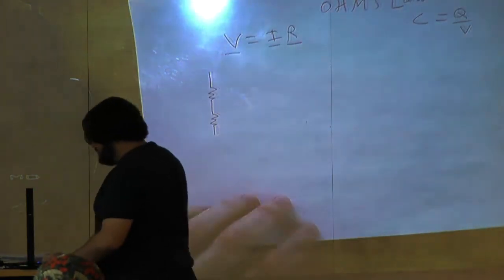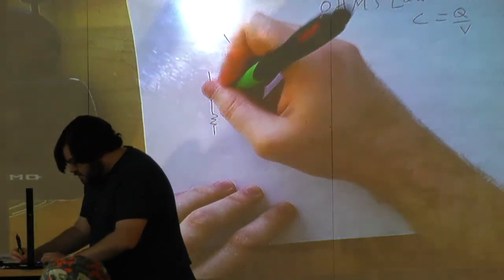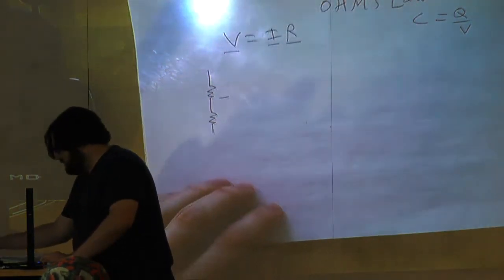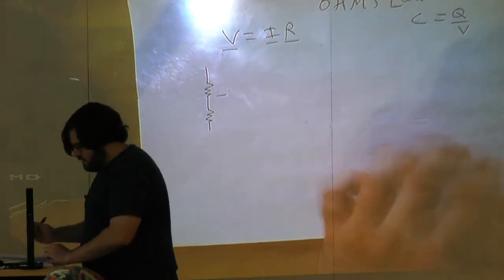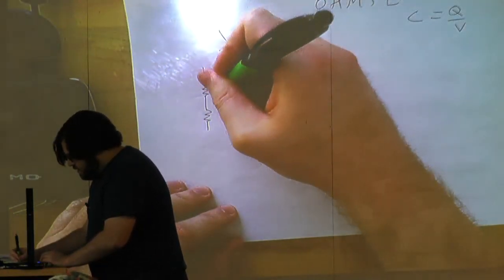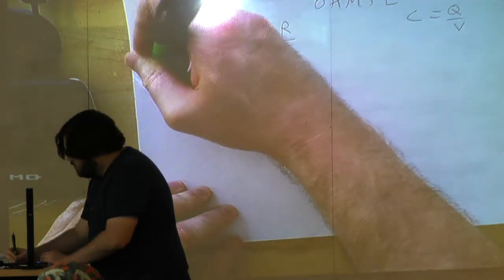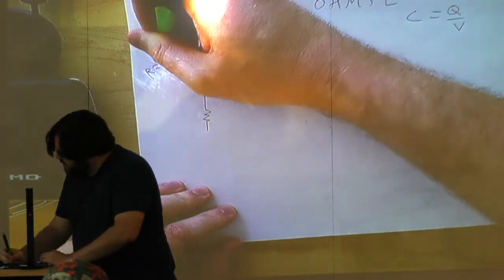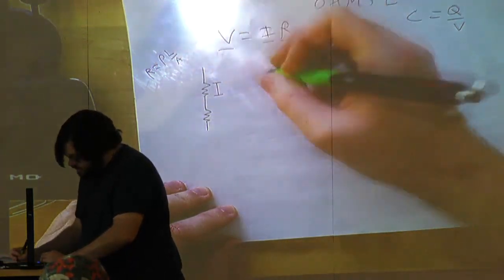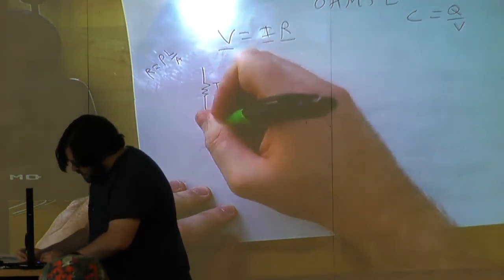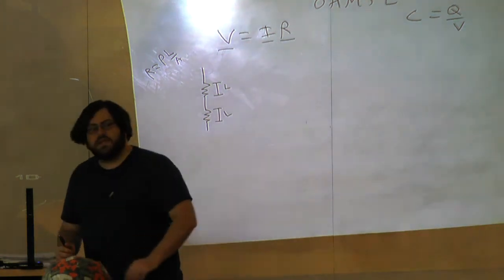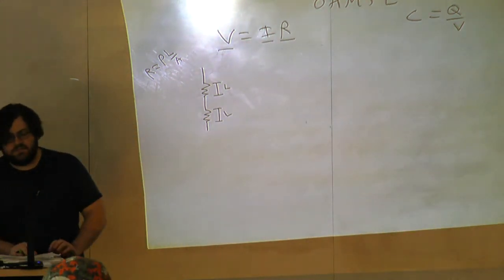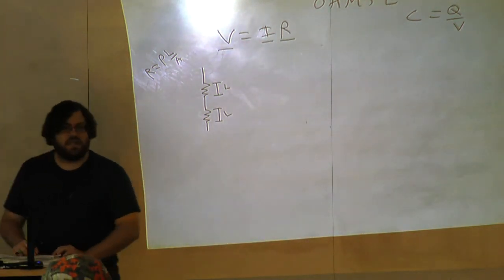So, if I have two resistors, remember that we said resistance is given by resistivity times length over area. There's a length, there's another length. This is the same wire, so we get to assume that the resistivity and the area of the wire are the same.